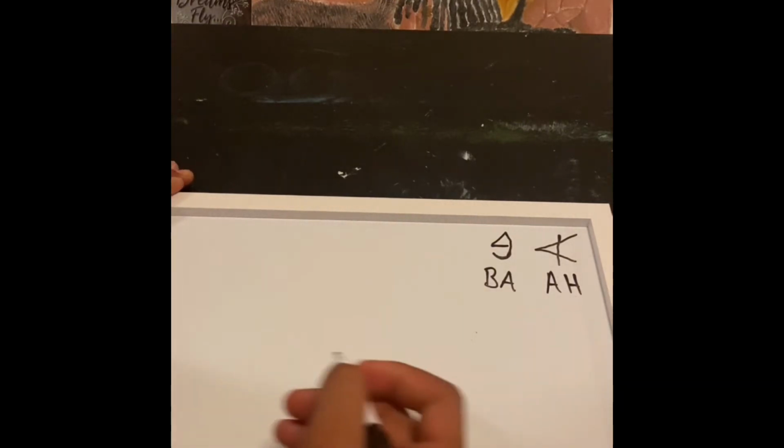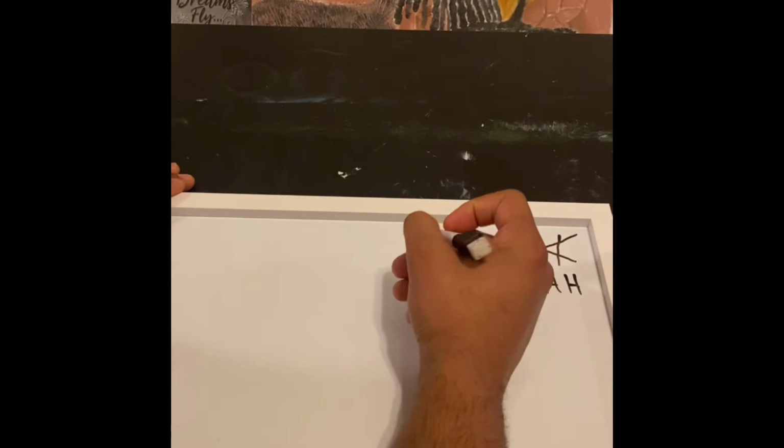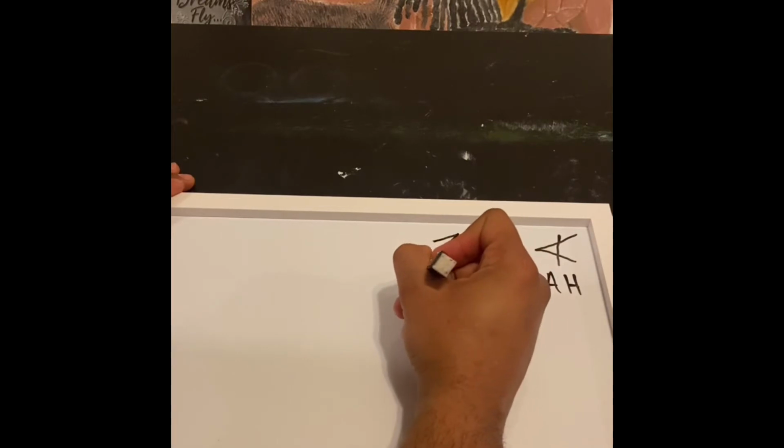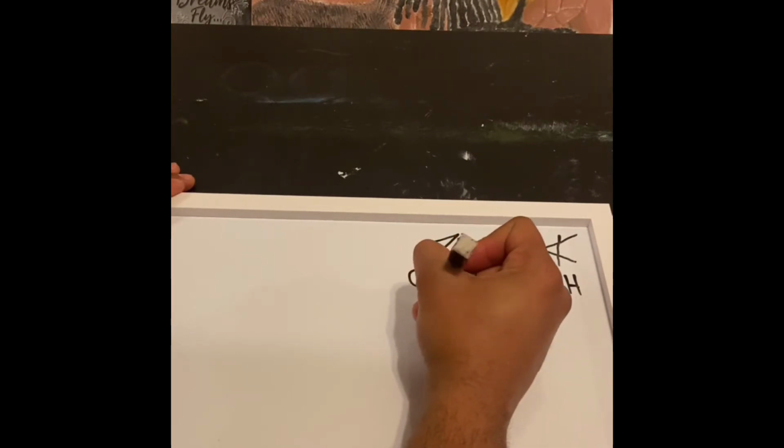So I want to do the next one, which is the character Ga. Character Ga stands for foot, camel, or pride.